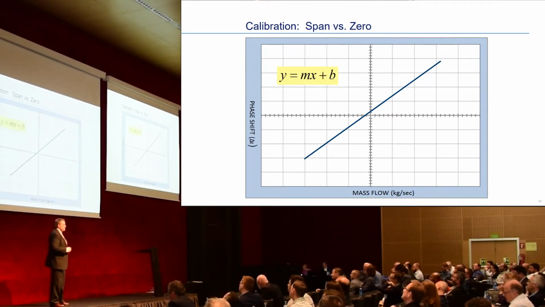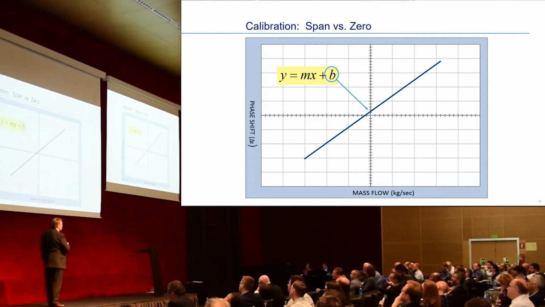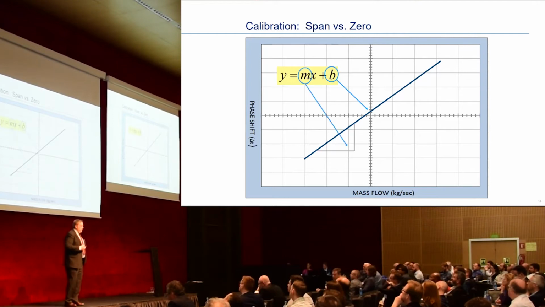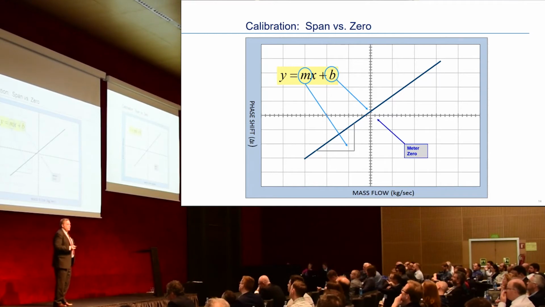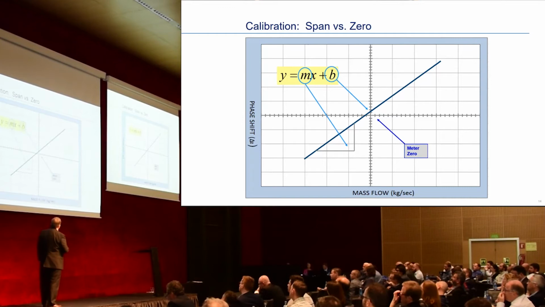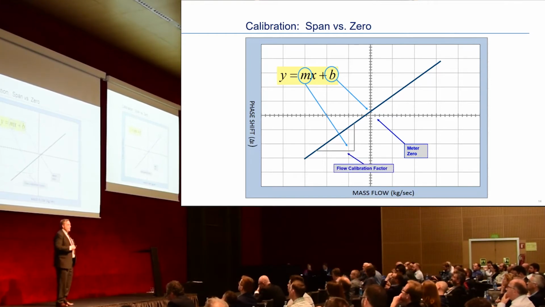So a line is defined by this equation, mx plus b, with b being the intercept here. Notice it's not zero exactly, and m being the slope of the line. These are referred to in Coriolis terminology as the meter zero and the flow calibration factor.